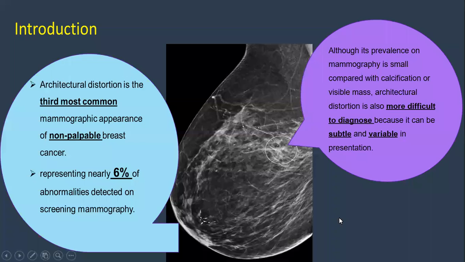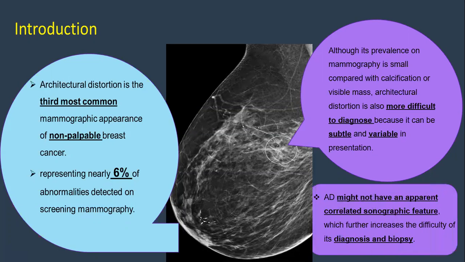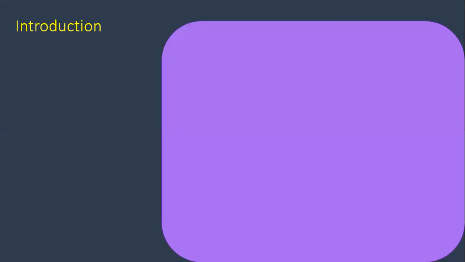If you look, all the parenchyma is complex, and this area represents subtle architectural distortion. Architectural distortions might not have an apparent correlated ultrasound feature, which makes it more challenging, both in diagnosis as well as for biopsy.